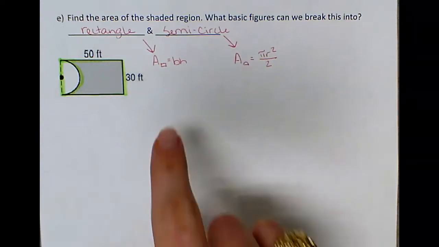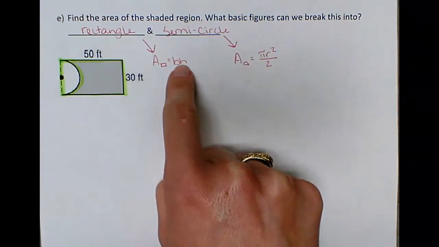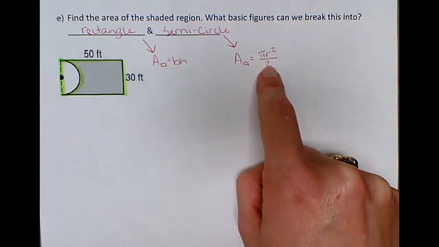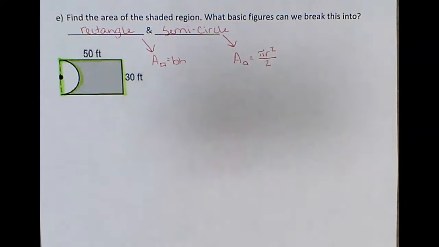So the rectangle formula for the area is base times height, and then the semicircle is the area of a circle divided by 2. So what I'd like for you to do is pause your video, calculate the areas for each of these separate figures, and then combine them in a way with addition or subtraction that will give you the area of that shaded region. Pause your video and find the area of the shaded region.